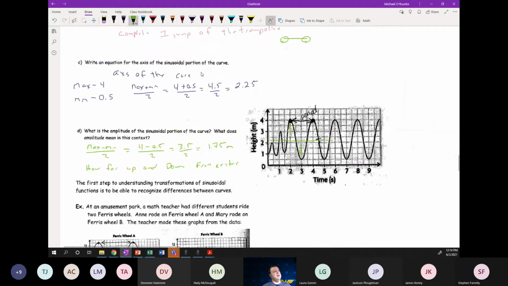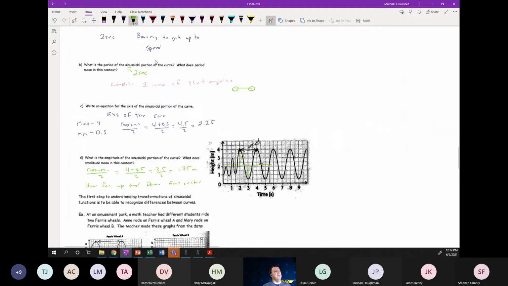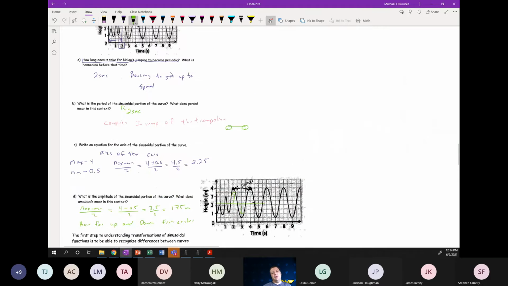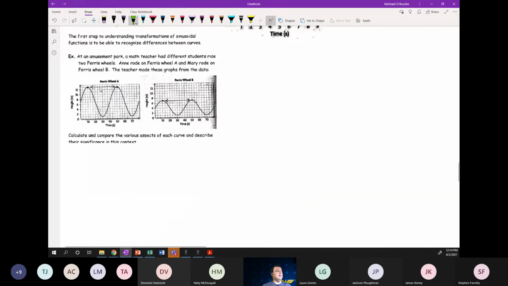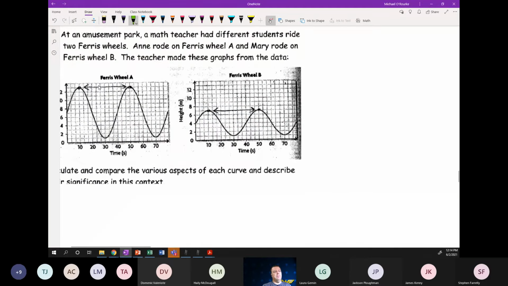So does that kind of make sense how we just applied what we learned before into the context of a person jumping on a trampoline? It's kind of weird, but all right.